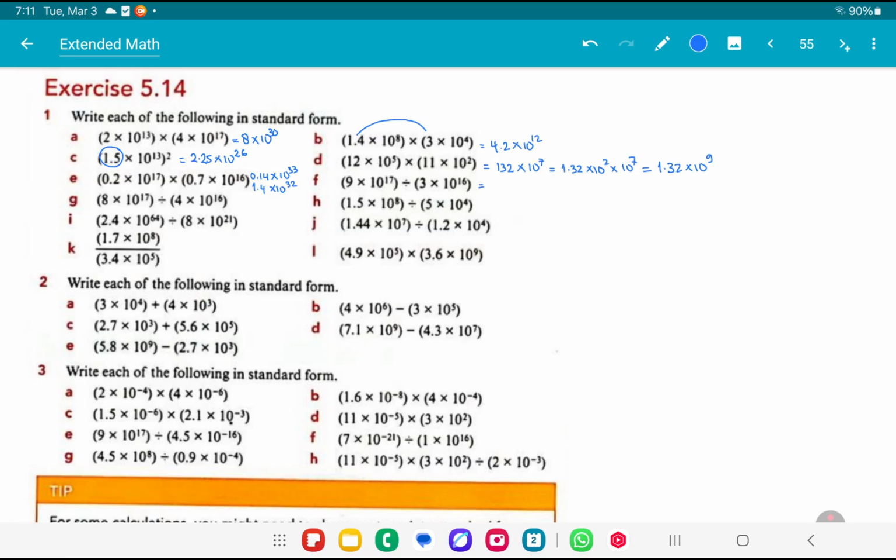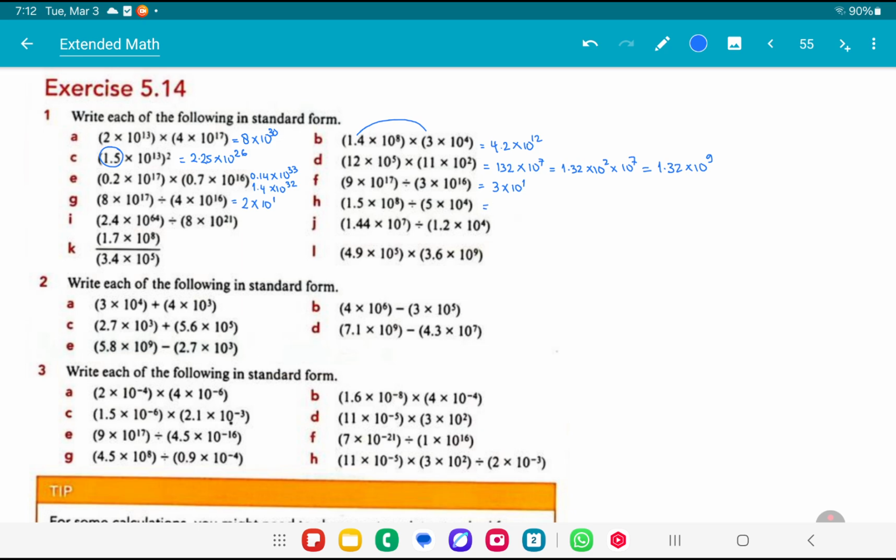We continue with question F. 9 divided by 3, we got 3 times 10 raised to the power of, because we get division here, so we subtract 17 by 16 equal to 1. And next question, 8 divided by 4 equal to 2 times 10 raised to the power of 17 minus 16 equal to 1.